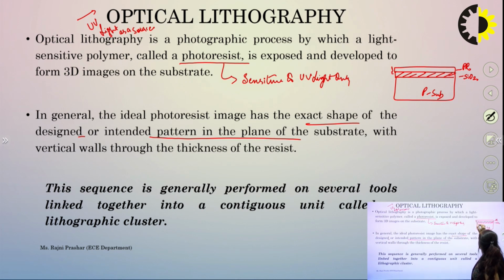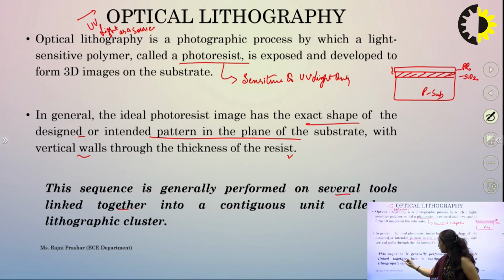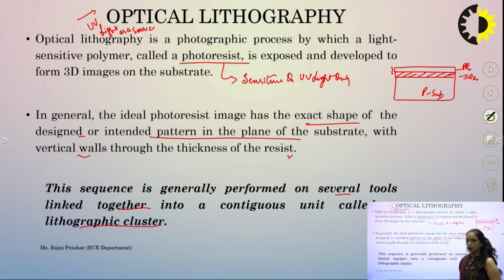The thickness of this PR is determined by the vertical walls, that is, how thick the PR material is that we apply for this lithography process. This sequence is generally performed with several tools linked together in a contiguous unit, known as the lithographic cluster.